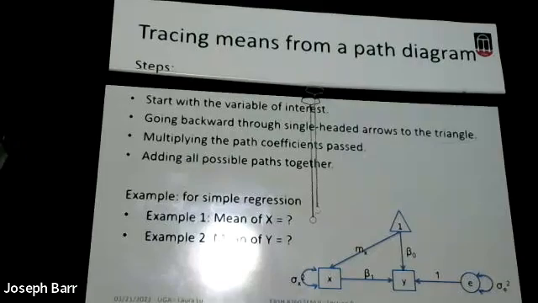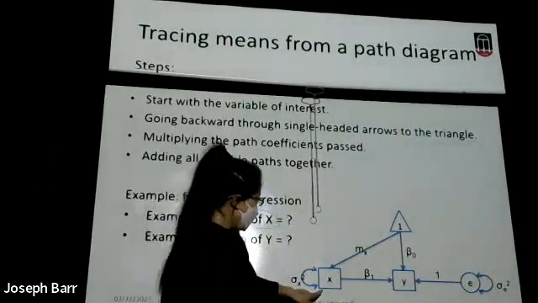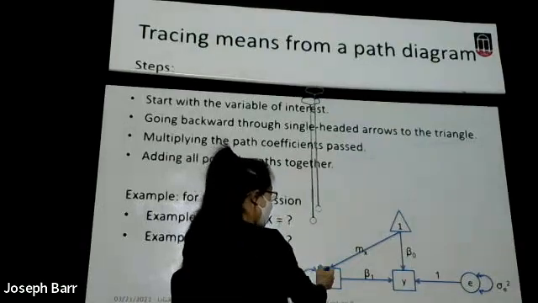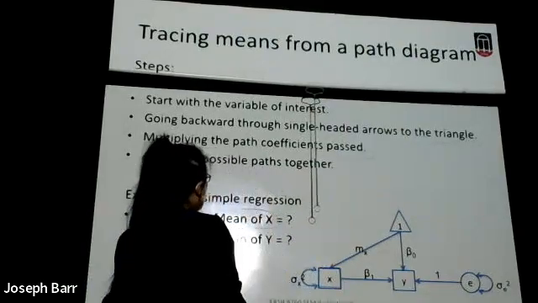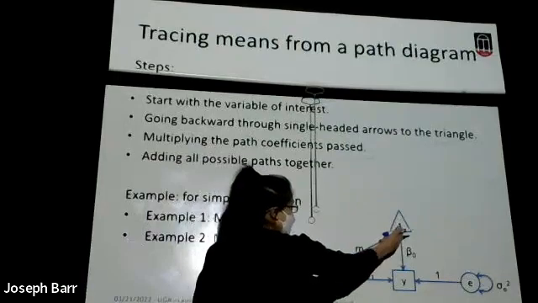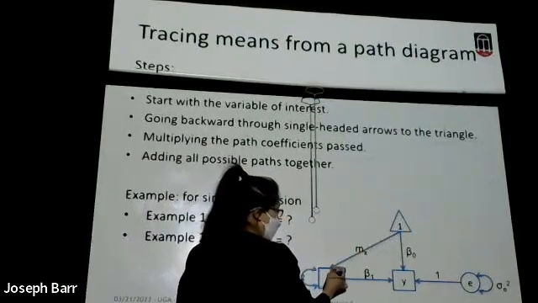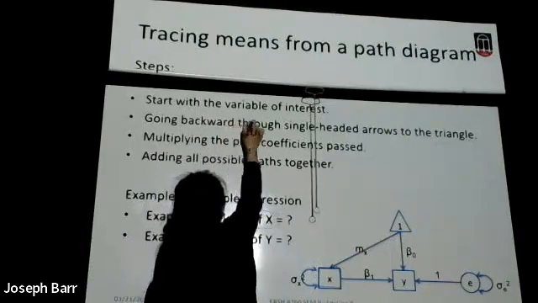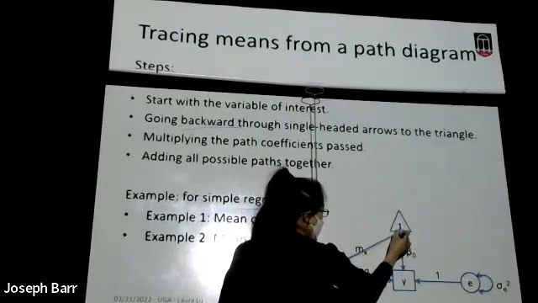So for example, let's try to look at the mean of x. X is the variable of interest, so we start from x. This is our starting point. And then we go back to 1. Going backward, from 1 to x there's a path, but now we need to go backward through the single-headed arrow to 1. That's it.